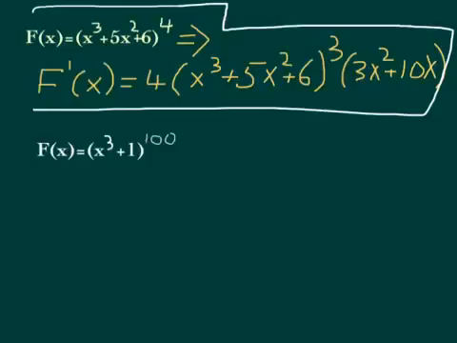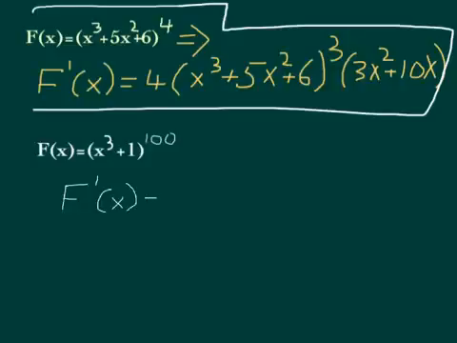This time f of x is (x cubed plus 1) to the power of 100. Now, I really don't know how to factor the power of 100. It might have been possible to multiply this 4 times, but to do the power of 100, I really don't know how. But we have our chain rule, and that will make it quite easy.